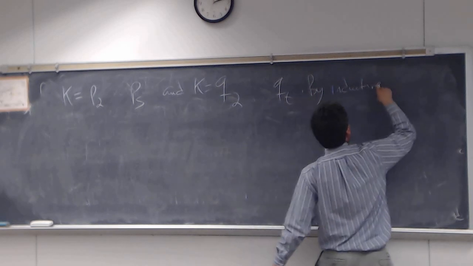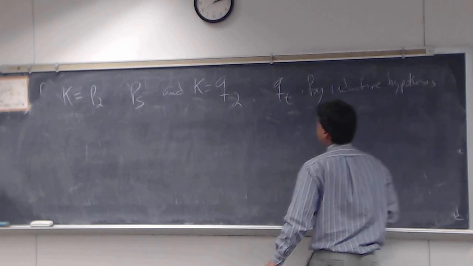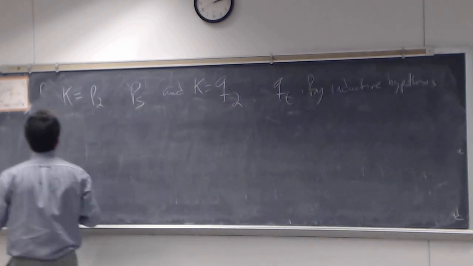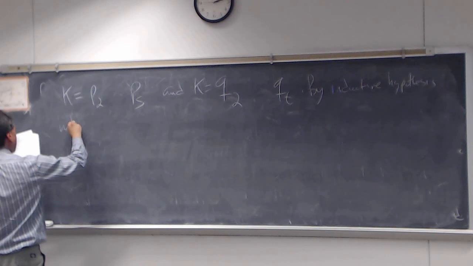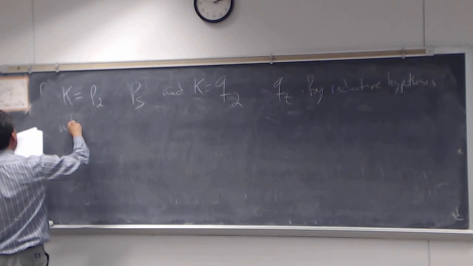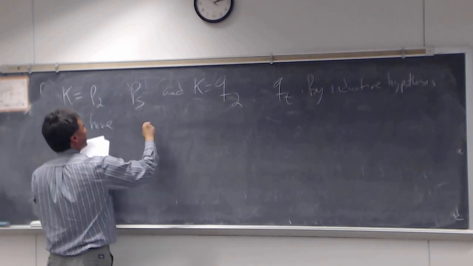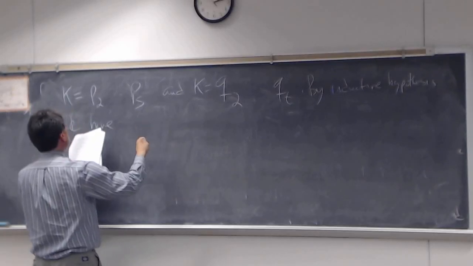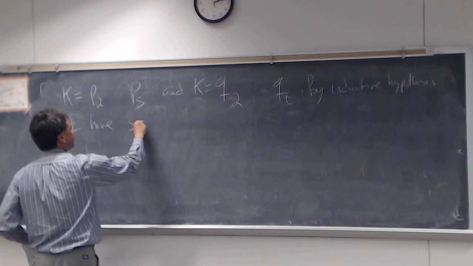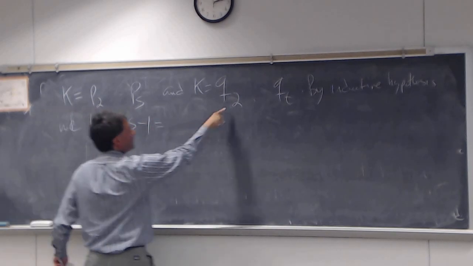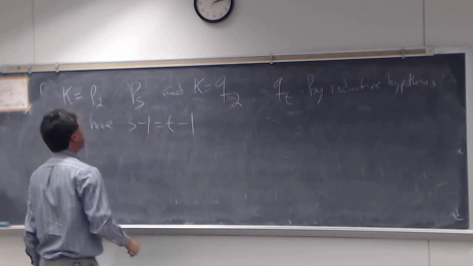But by the inductive hypothesis, since k is less than or equal to n, we have, how many factors are here? 1 up to s, so s minus 1 factors. Here we have t minus 1 factors.